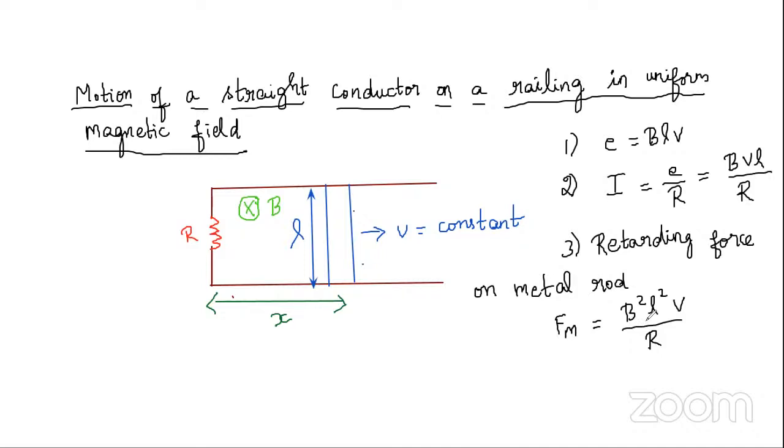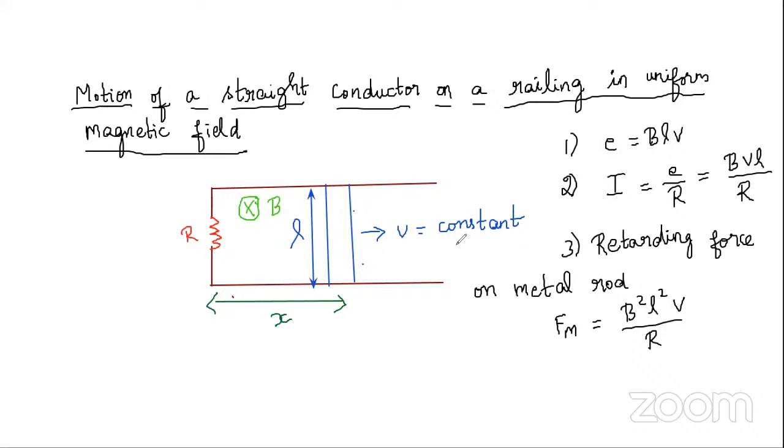So here you have an external force acting on the rod that is responsible for the movement of this rod. That external force and this retarding force should be equal. Then only the velocity will be constant. The rod is not accelerated; instead, it is moving with constant velocity v.